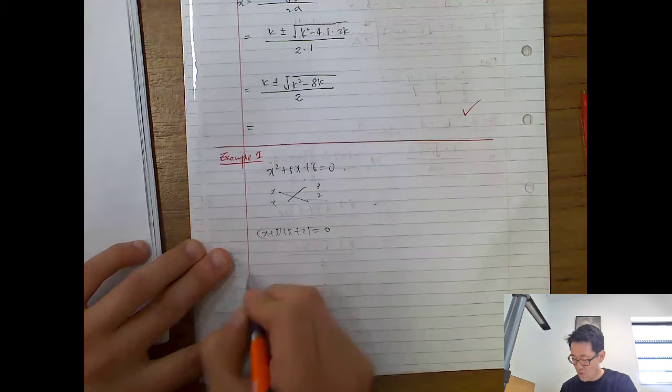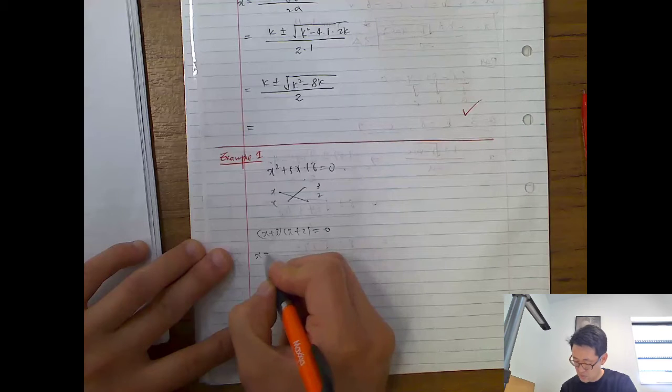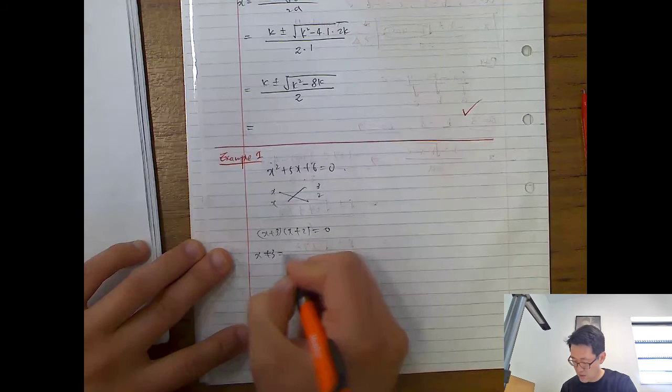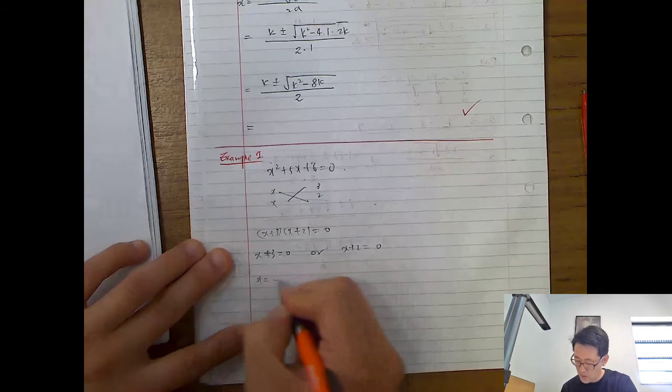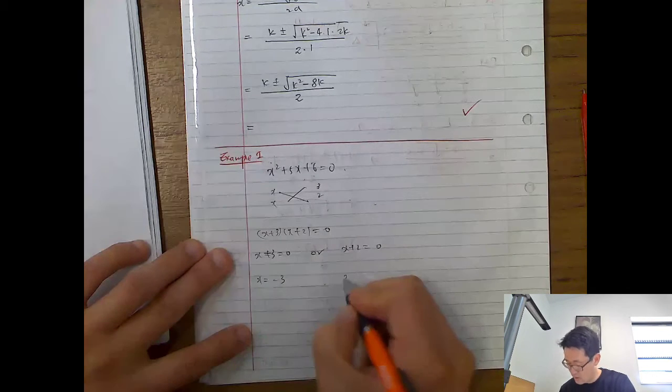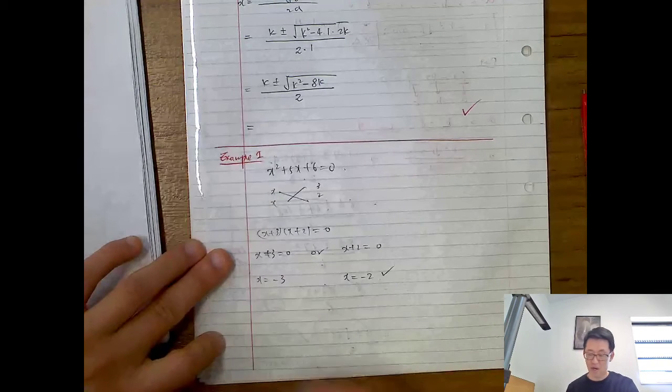Therefore, x plus 3 equals 0, or x plus 2 equals 0. Therefore, x is minus 3, or x is minus 2. You can figure that out.